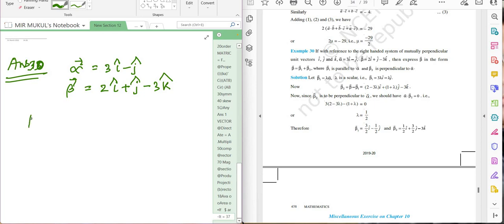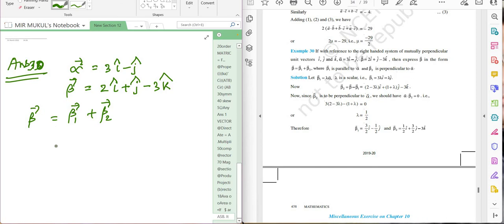Now we have to express beta as beta 1 plus beta 2. So beta 1 we have to find, and the condition is given: beta 1 is parallel to alpha and beta 2 is perpendicular to alpha, right?